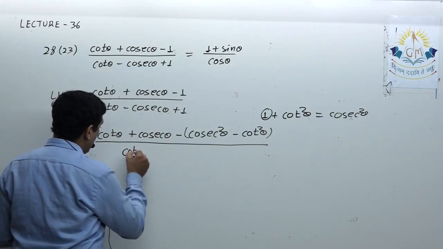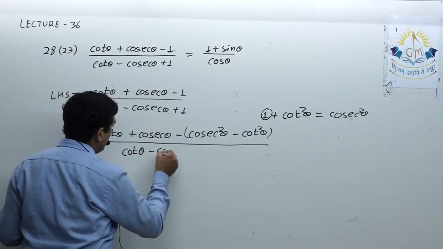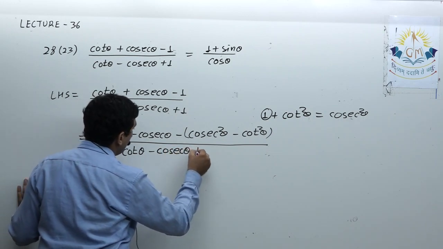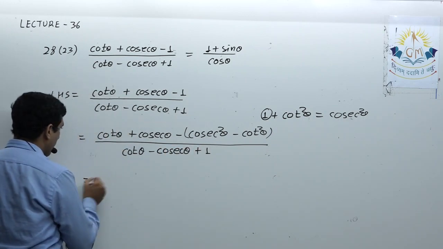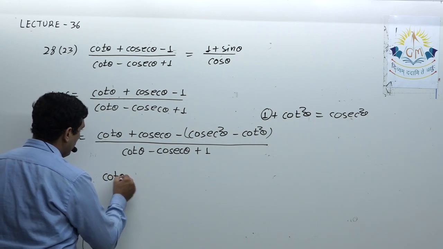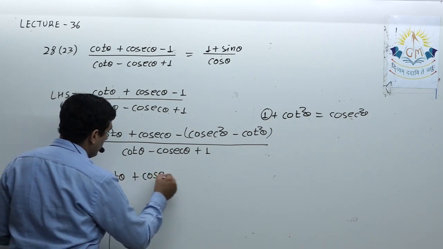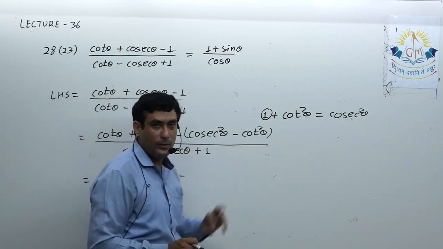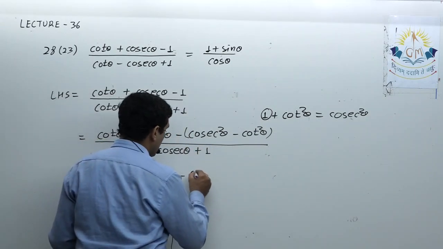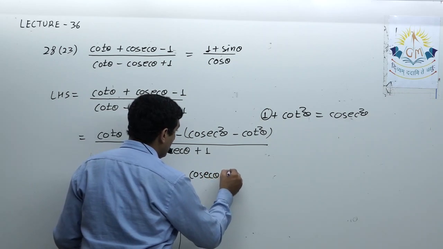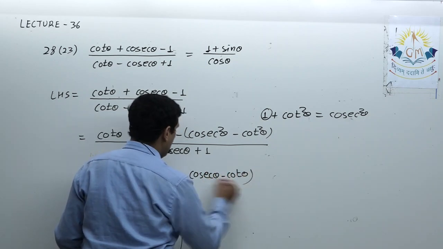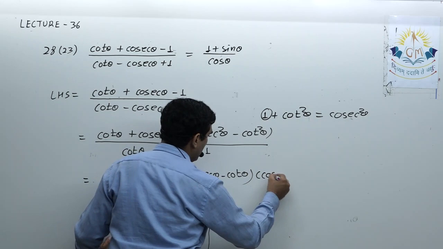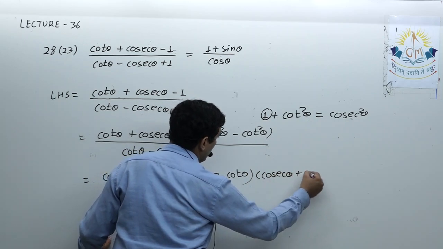And as I also told you, you have to apply this identity only in the numerator, not in the denominator. So this is cot theta plus cosec theta minus, now this is a square minus b square, so this is (cosec theta minus cot theta) into (cosec theta plus cot theta).